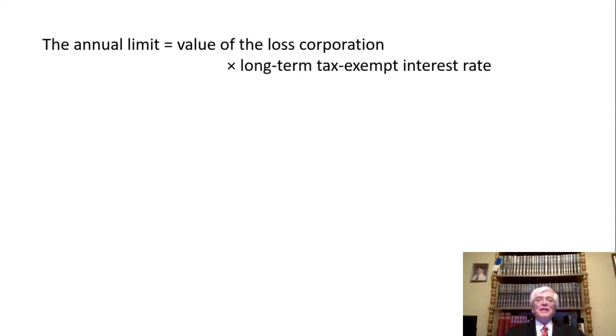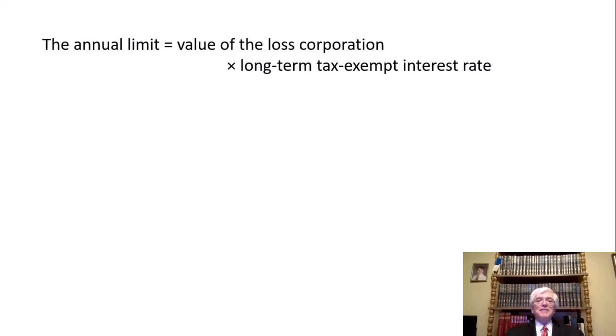Now, your annual limit under Section 382 is the value of the loss corporation. What'd you pay for this thing that only has a net operating loss? That times the long-term tax-exempt interest rate. Long-term rates tend to be lower than short-term rates, and tax-exempt rates definitely are lower than taxable interest rates.